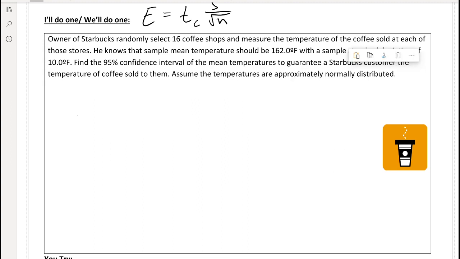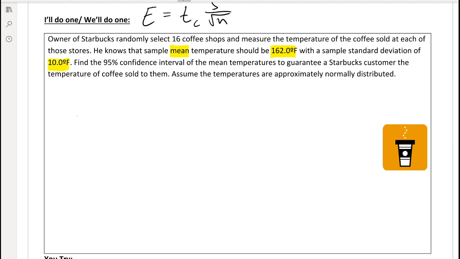The owner of Starbucks randomly selects 16 coffee shops and measures the temperature of the coffee sold at each of those stores. He knows that the sample mean temperature should be 162.0 degrees Fahrenheit with a sample standard deviation of 10.0 degrees Fahrenheit.